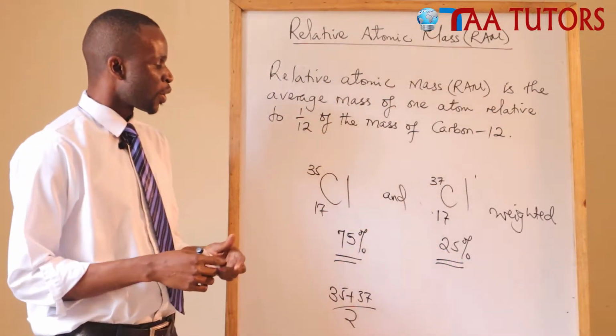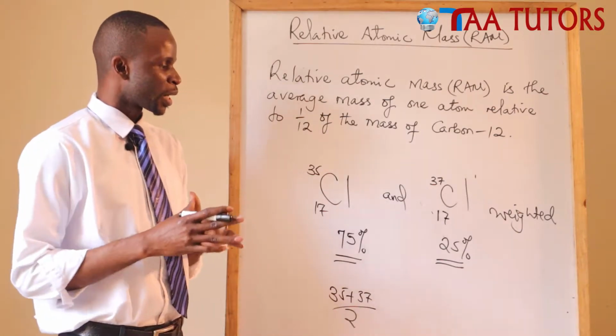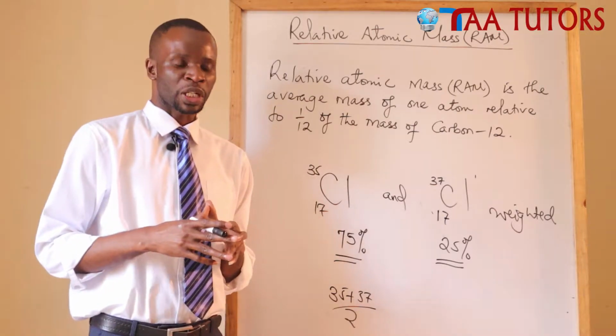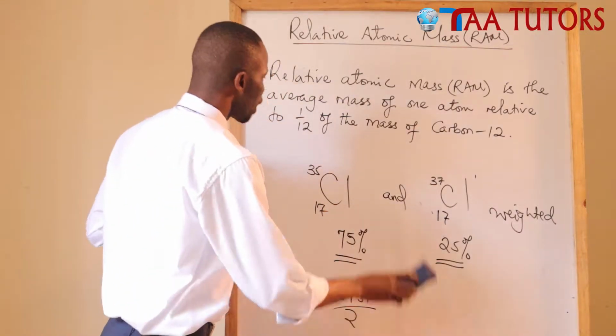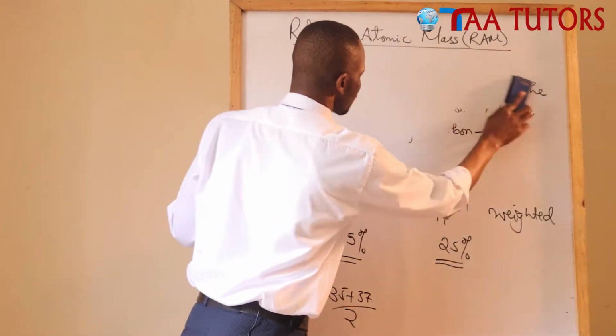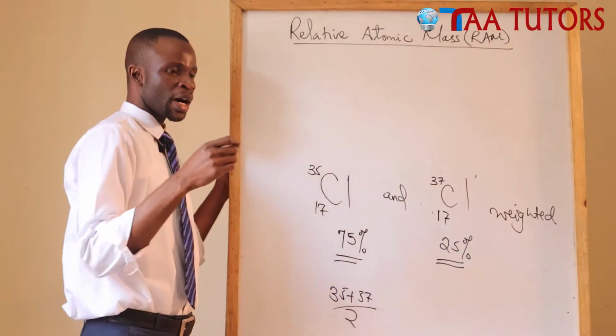That is why we have a special formula to use when calculating the relative masses of isotopes. We multiply the mass number of isotope 1 by its relative abundance.